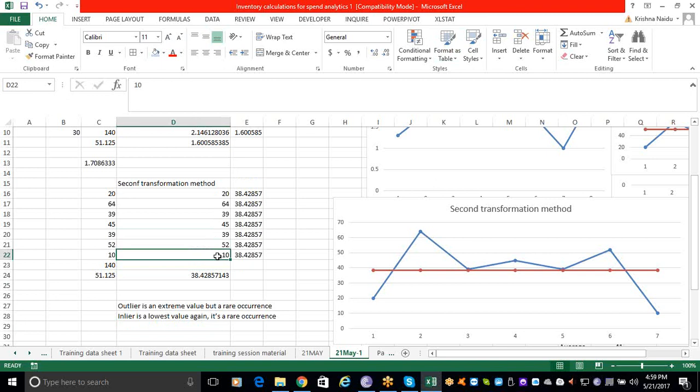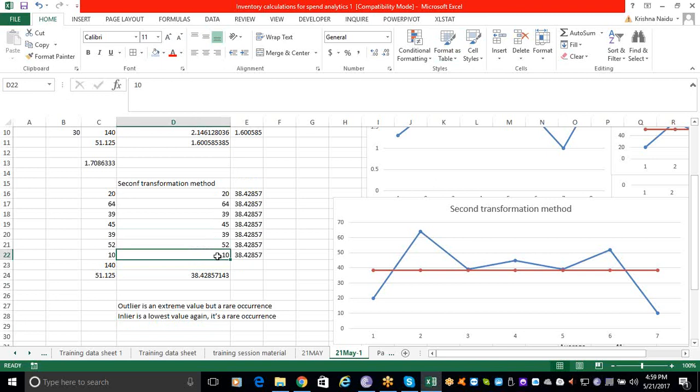Suppose we assume that a poor guy like Pappu will score 5 out of 100, but Pappu scores 100 or 99 out of 100. That's an outlier. So as per our assumption, things don't go right. If it goes lower than the expectation, that's called an inlier. If it goes higher than the expectation, that's called an outlier.